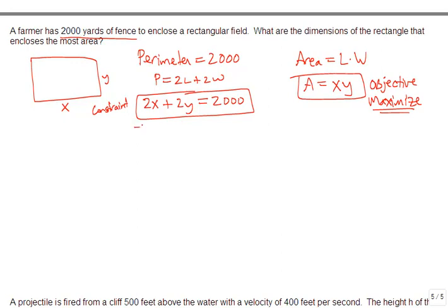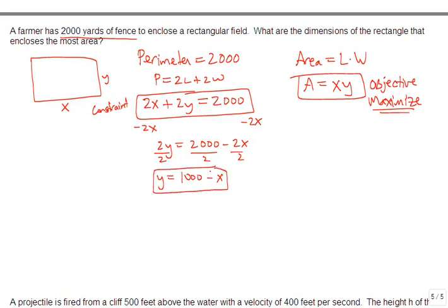So I'm going to subtract 2x from both sides. And then to finish solving this for y, I'm going to divide every term by 2. So we get y equals 1,000 minus x. Now put a box around that because we will come back to that later.